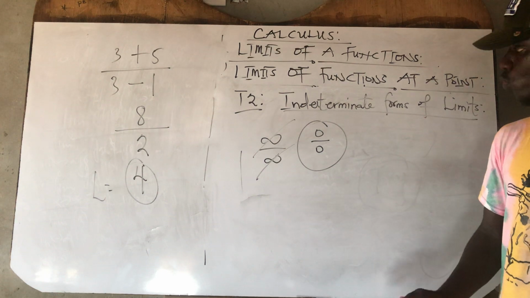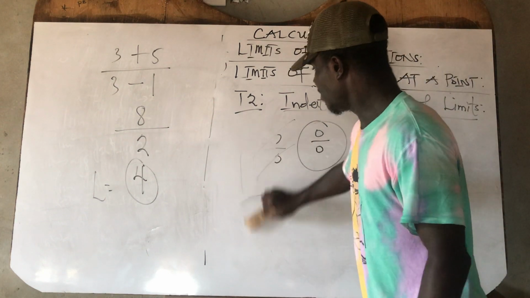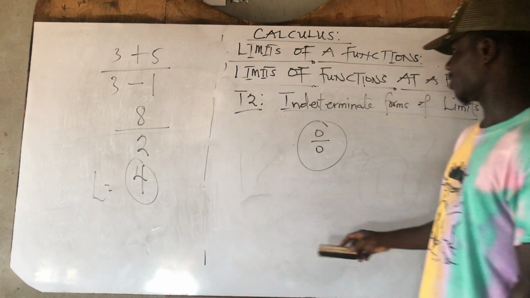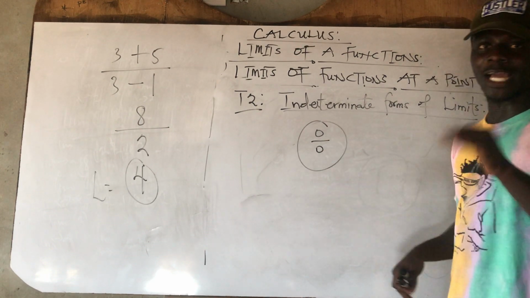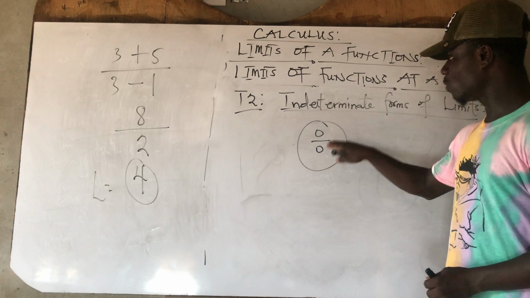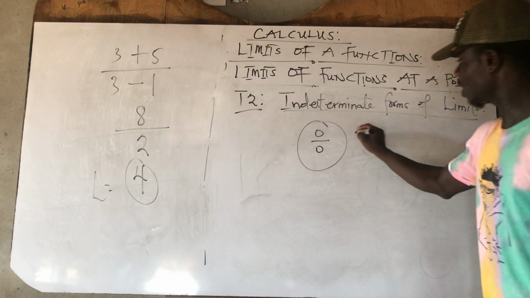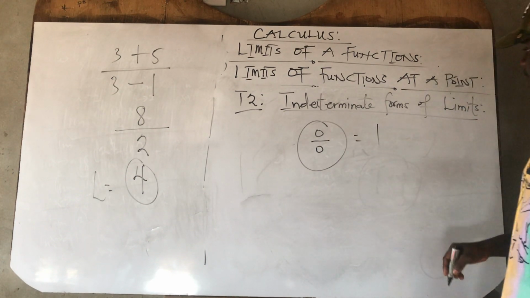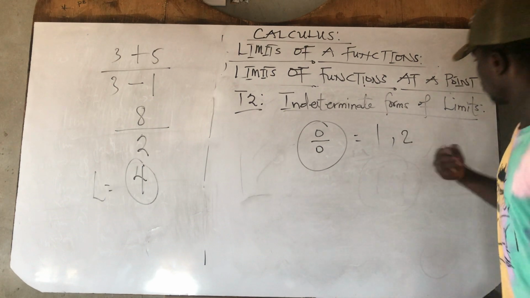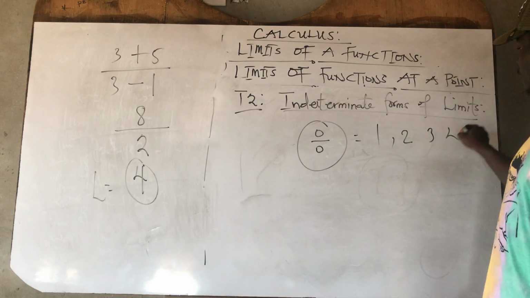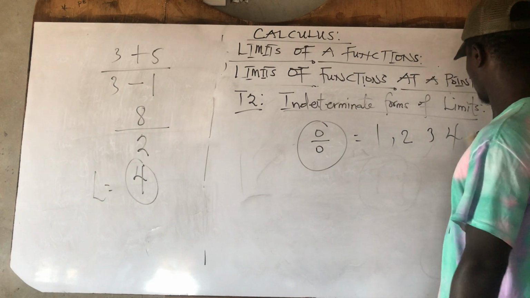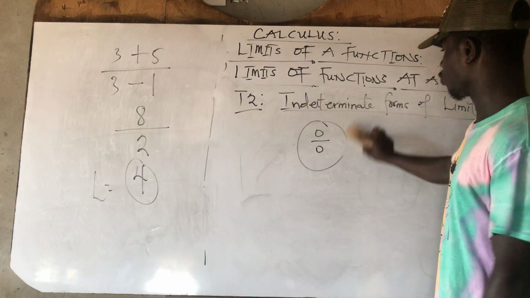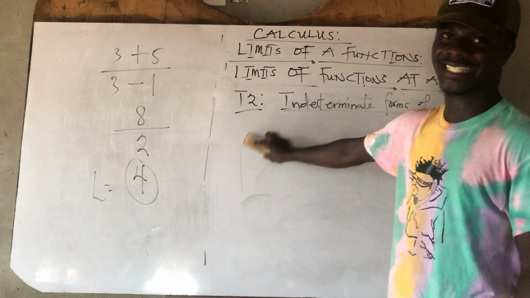As it stands now, we don't know. But when you come and do higher mathematics, you know. So at your level, 0 divided by 0, we don't know. Somebody can say the answer should be 1, it should be 2, it should be 3, it should be any answer. So it's indeterminate. We don't know as it stands now.